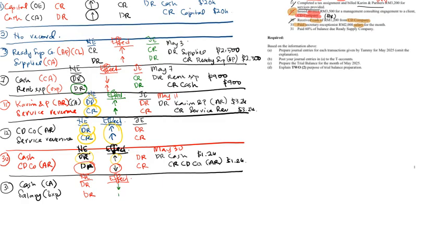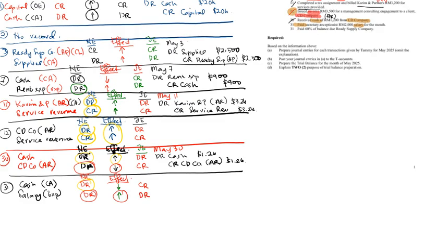Salary expense, you now record it, so it will increase. And according to the rule, we're going to do the contra, means we're going to credit cash and follow exactly this normal entry because it increases the balance.